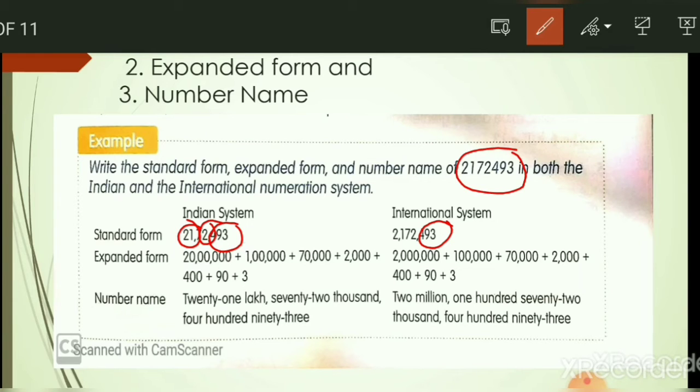Then we have 2 at the thousands place, 7 at the 10,000s place, and 1 at the 100,000s place. So this is your thousands period, and the next one is your millions period. Depending upon this only we have to place commas. Now writing it in expanded form is again very easy. You have done this in your previous class also.